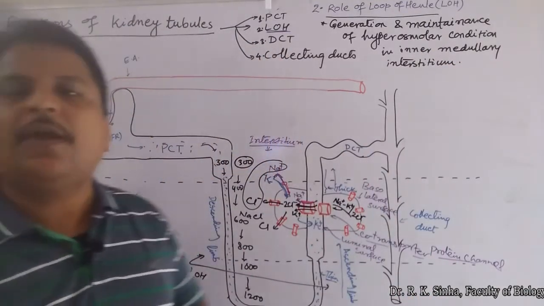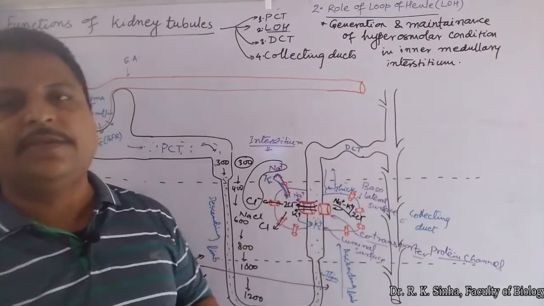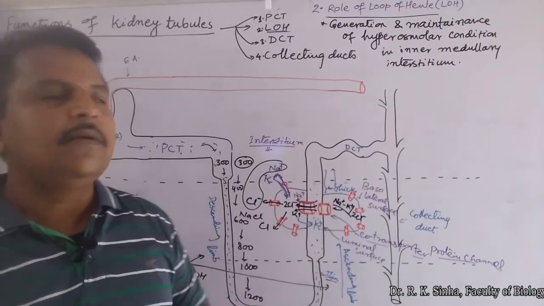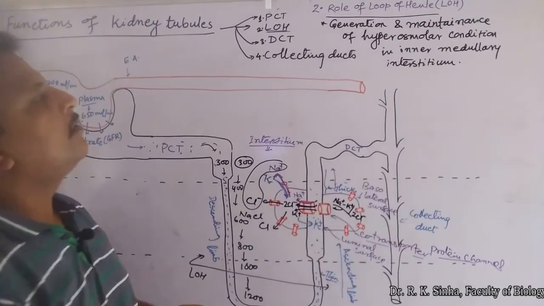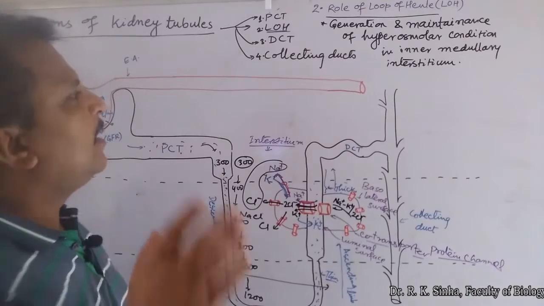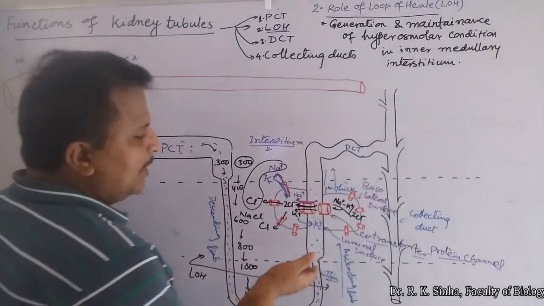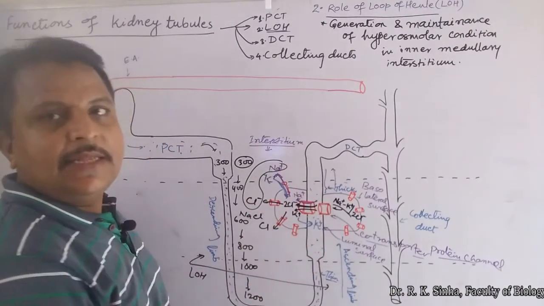Okay, hyperosmolar condition in the inner medullary interstitium. This is the role of the loop of Henle. How? Because the loop of Henle has two limbs: this one is the descending limb and this is the ascending limb.